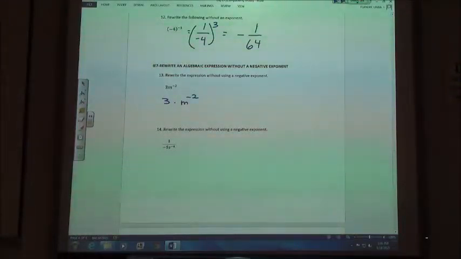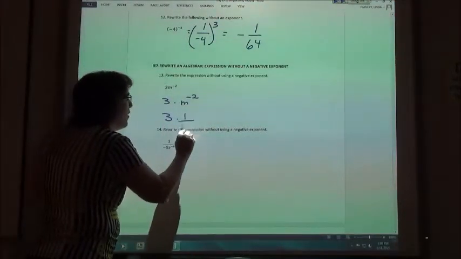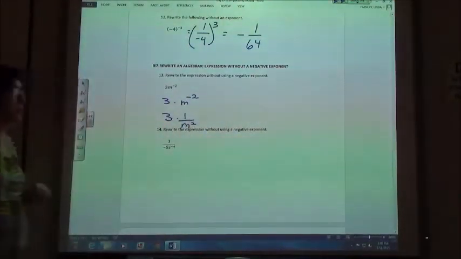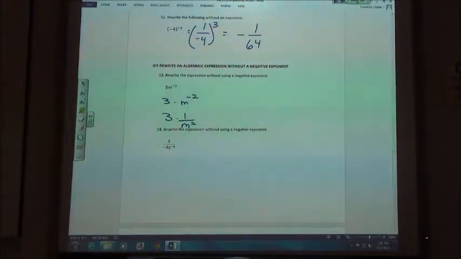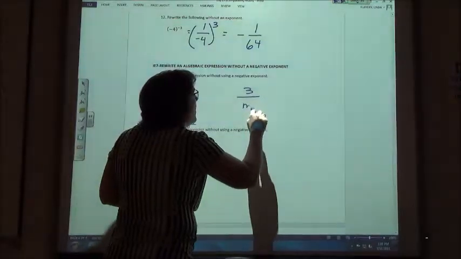In other words, what would be the reciprocal? 1 over m squared, right? So this would be 3 times 1 over m to the 2nd power. Well, if I put that all together then, I just end up with 3 over m squared.